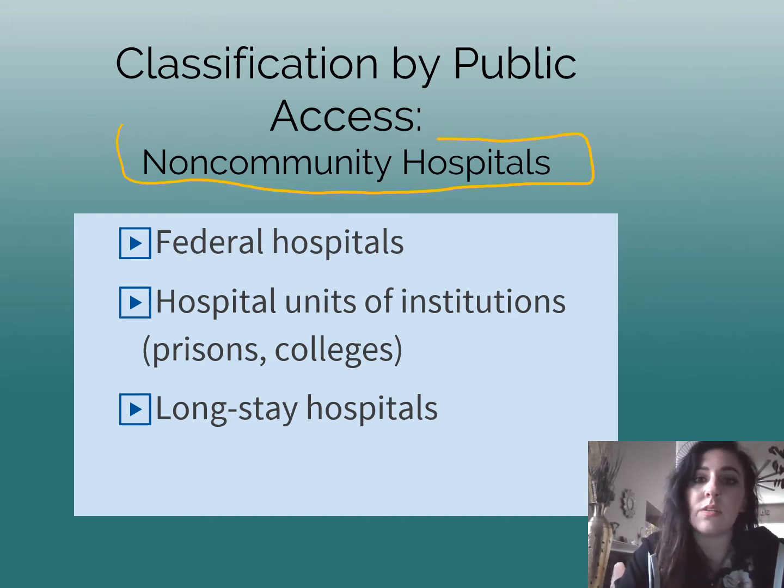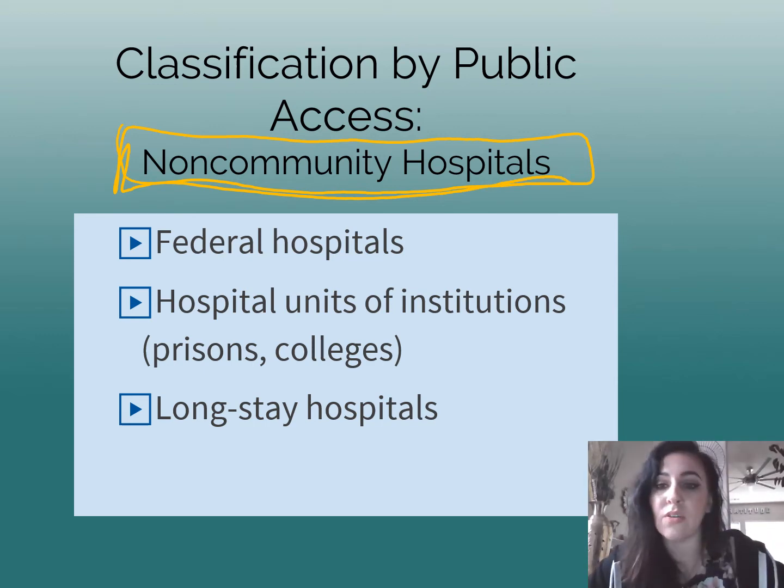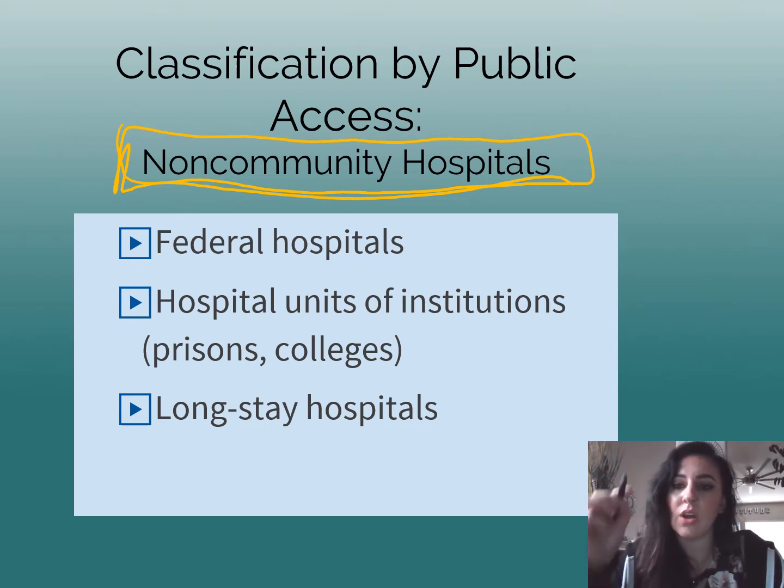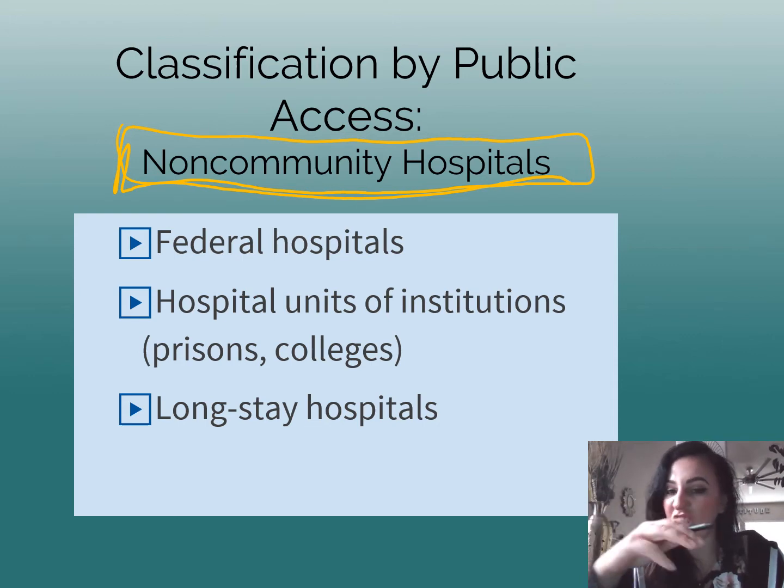Those that are non-community hospitals, meaning they do not allow the general public to receive services from these hospitals, those would be federal hospitals, which we've already talked about. Federal hospitals are not community hospitals. They do not allow the general public in there receiving services.